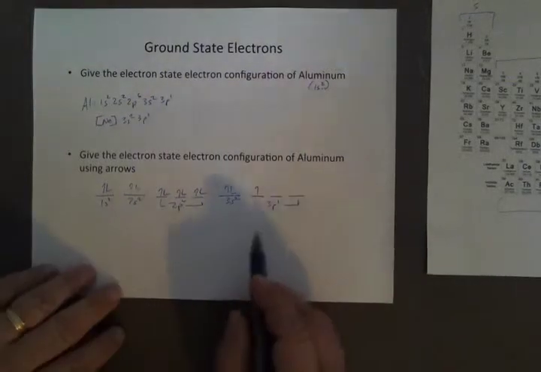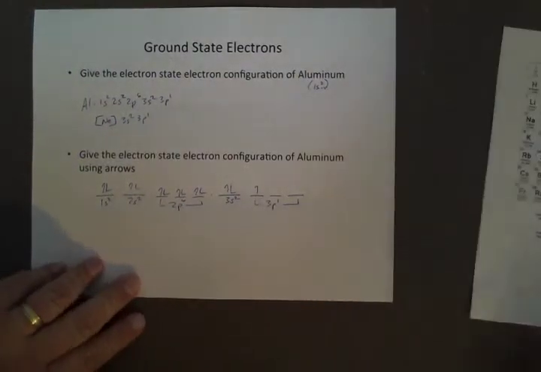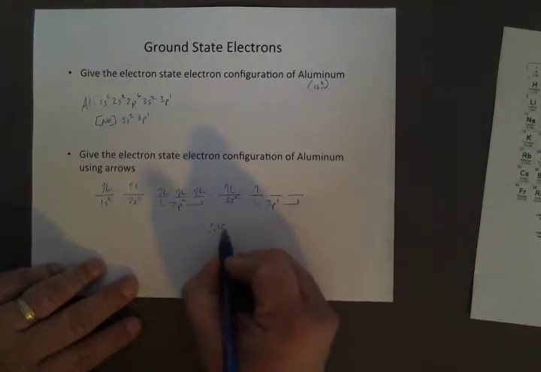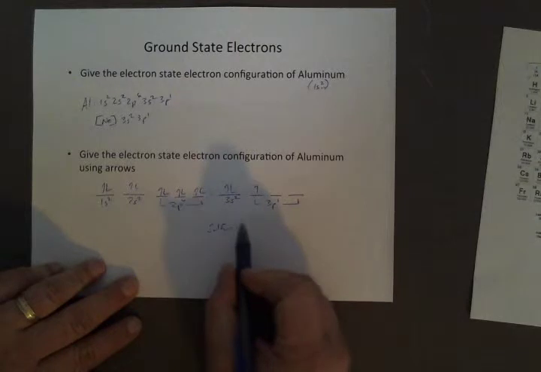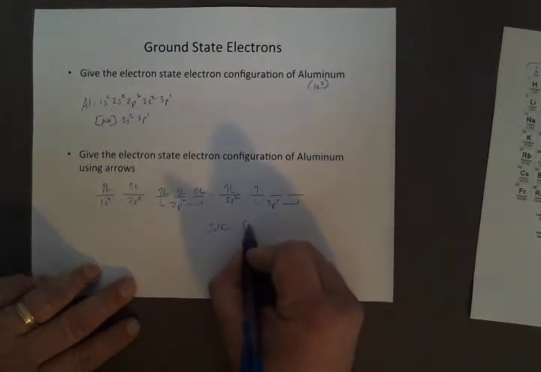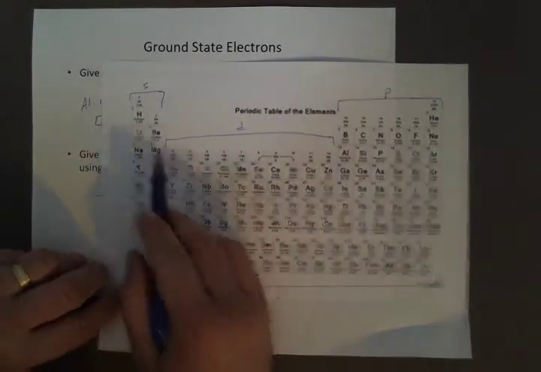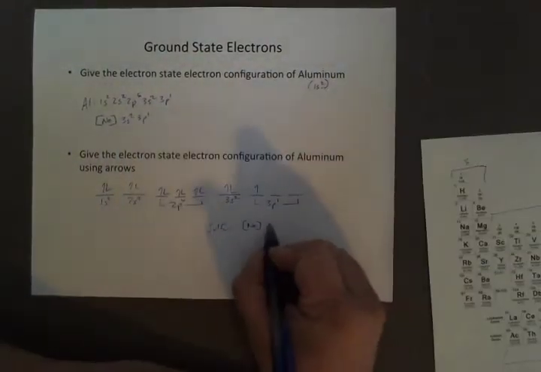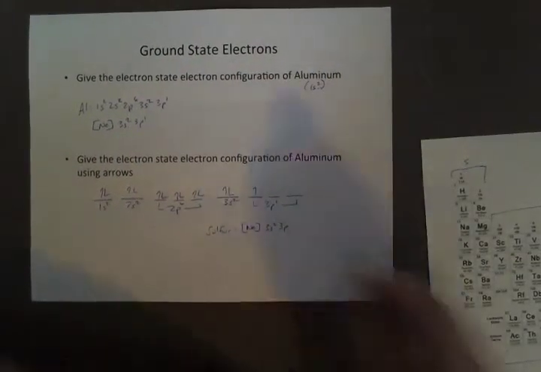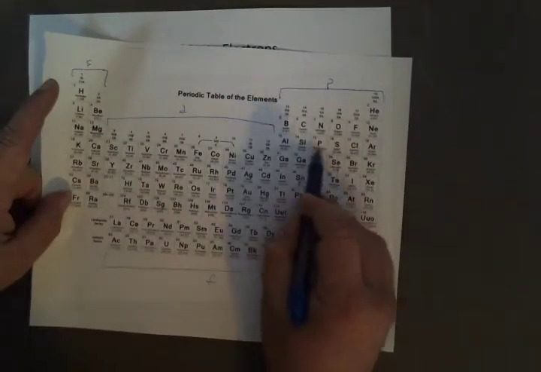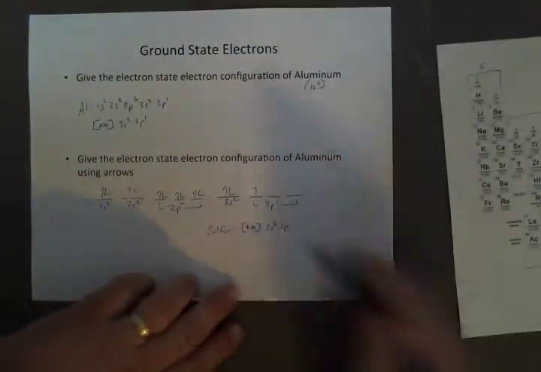So let's say we went over a little bit farther, for something like sulfur. It would be neon, but the valence electrons, which is the important part, would be 3s2, 3p. Count over 1, 2, 3, 4, so it would be 3p4.